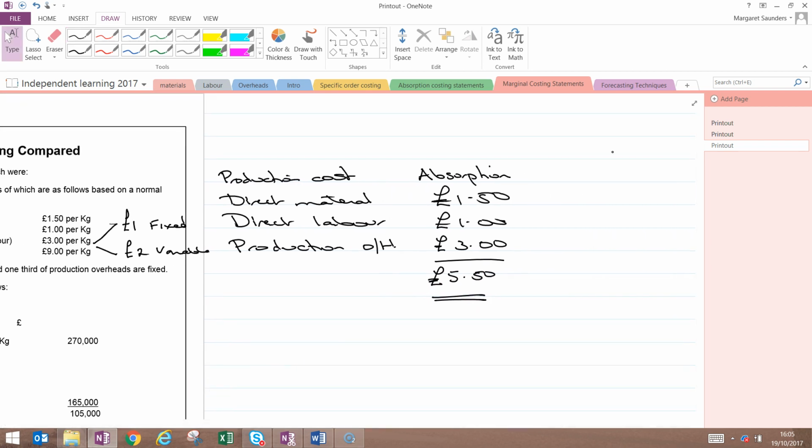With marginal costing, marginal costing means we only include the marginal or the variable costs. So that will be the direct material of £1.50, the direct labour of £1, and just the variable production overheads, which we've identified as being £2.